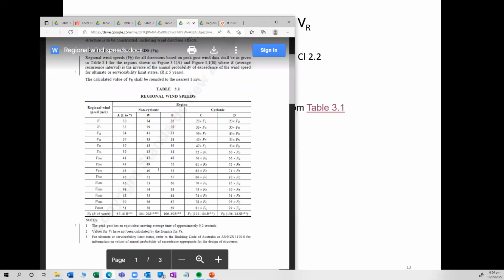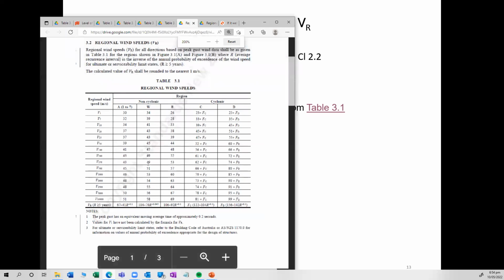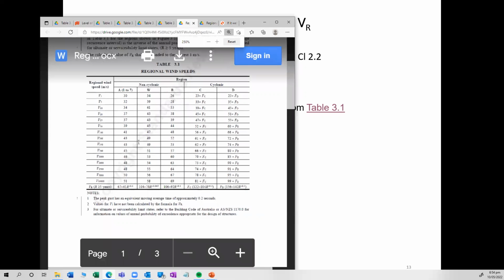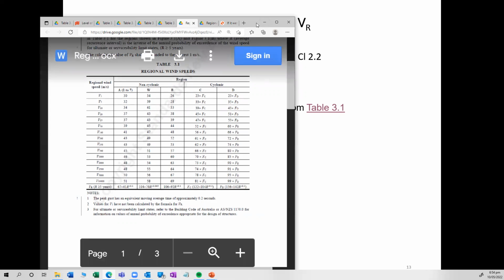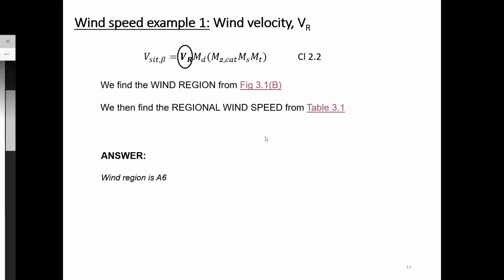Table 3.1. Okay, so for a 500-year return period, we're talking about 45 meters a second. You guys all get that? For 500-year return period? Yep, yep. Cool.